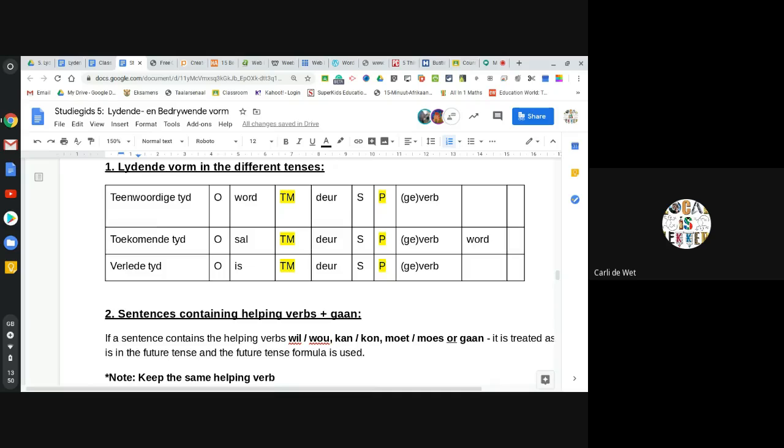Object sal deur subject geverb word. Word at the back. Verlede tyd is the funny one. We swap the het for a is. Object is deur subject geverb. It's also different from all the others because it doesn't have a word, as you can see.